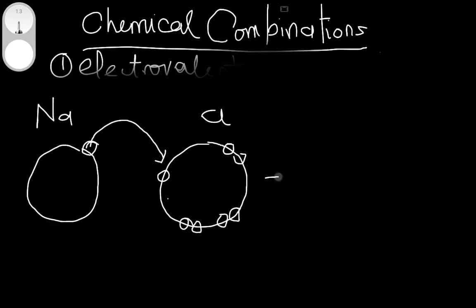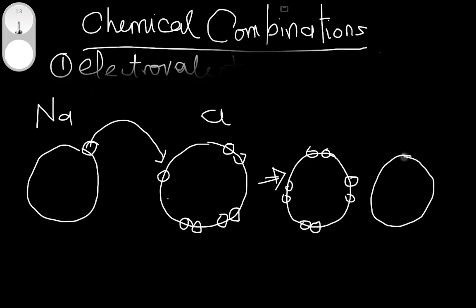Our new compound will look this way. The outermost shell of sodium has 1, 2, 3, 4, 5, 6, 7, 8, while that of chlorine, after receiving this one, will now be the same as that of sodium, giving us 8.